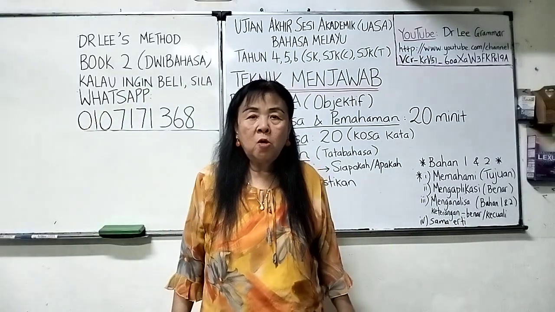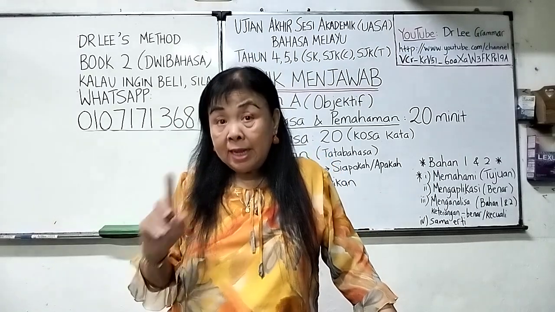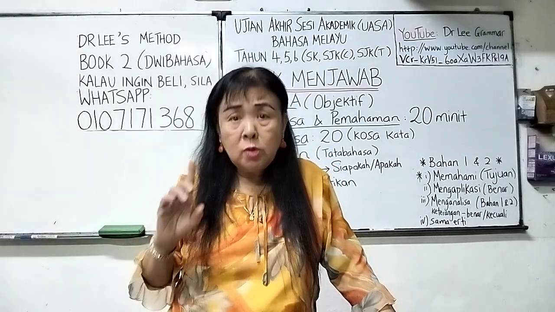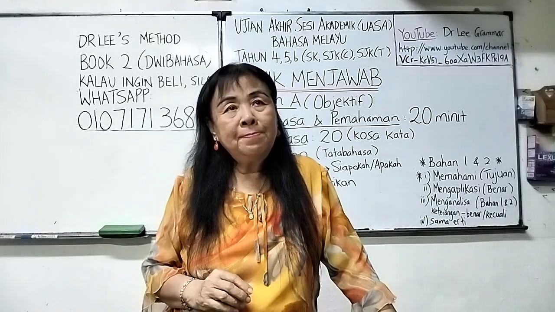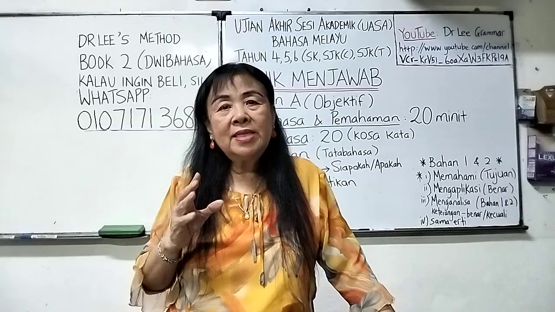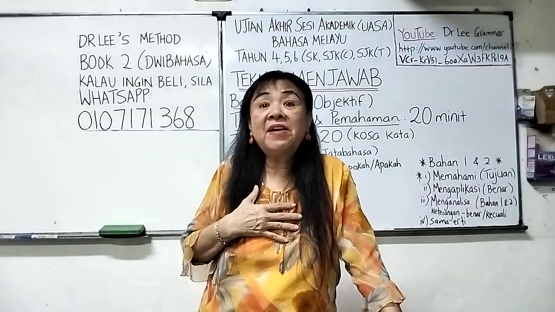And then for ayat-ayat, not only you need to know jenis ayat, like ayat penyata, ayat majmuk, ayat complex, you also have to know, for example, cakap ajuk dan cakap pindah. Cakap ajuk is, we call it direct speech.